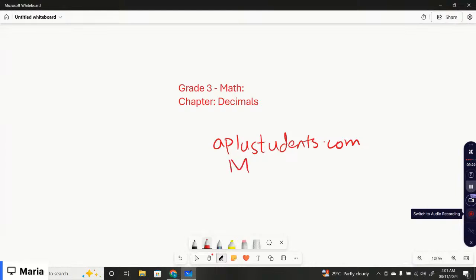Then select math from the subject tab. Scroll down to grade 3 math and click on view all lessons. There you can find the list of the chapters. We are going to start with the chapter decimals.